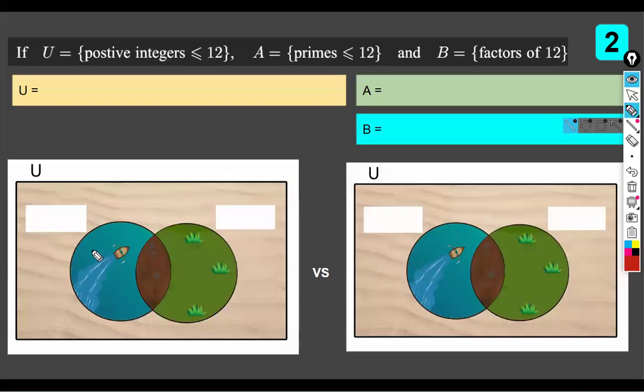This here is water. This here is grass or land. And what do you think you have in the middle there? When water and grass combine, it starts with the letter M. It's mud. So this is how I want you to visualize Venn diagrams.